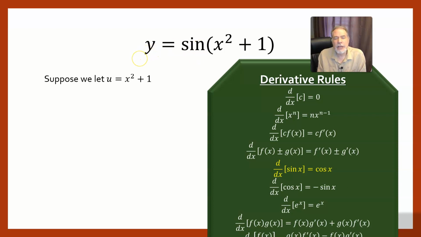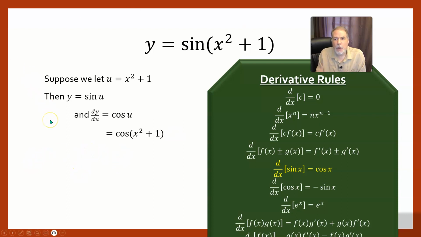Now what if we let u stand for that x squared plus 1, so that we can write this as just sine of u, and we have hidden the complicated part. So now y is just the sine of u, and the derivative would be the cosine of u. That would be the derivative of y with respect to the variable u.